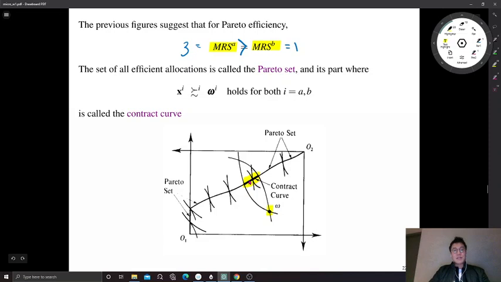So that is the part of the Pareto set in which both consumers prefer it to the initial endowment. By writing a contract, these two consumers can reach one of the points on this curve. So this is why we call it the contract curve. That's just one part of the Pareto set.